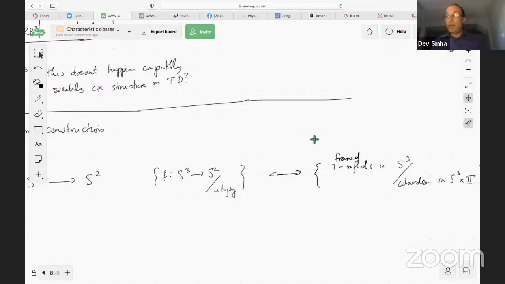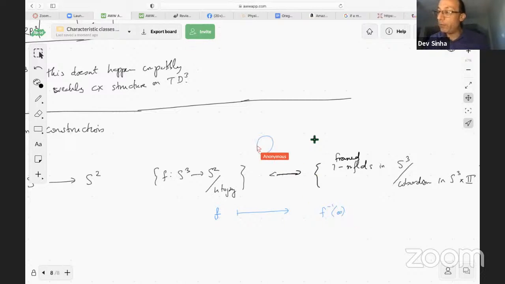Okay, and how does this go? What you can do this way is you send f to the pre-image of 0, say, or pre-image of infinity maybe, on S2.